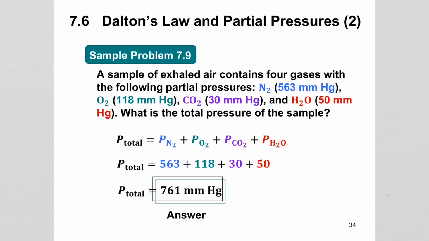Because we're dealing with ideal gases, remember back when we talked about the kinetic molecular theory of gases, we have to assume that none of these gases interact with each other. So the total pressure is nothing more than the addition of all of the pressures for all of the different components. So we just grab each one, we add them together, and that's it. And that would be the total pressure, 761 millimeters of mercury.